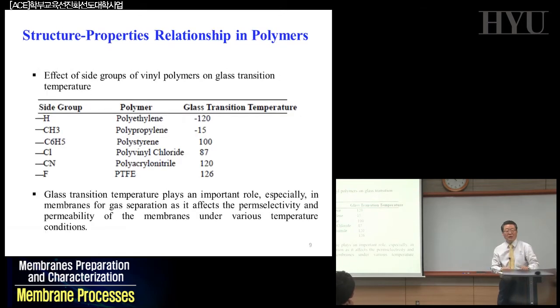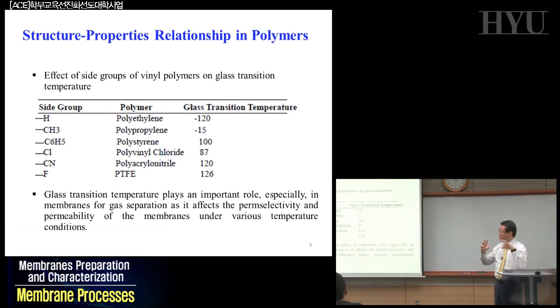We have to think about the glass transition temperature. In the next slide, I will tell you the definition of Tg and Tm. But you see, depending upon the substituent groups you have on the vinyl group, okay, if you have hydrogen only, we call it ethylene.